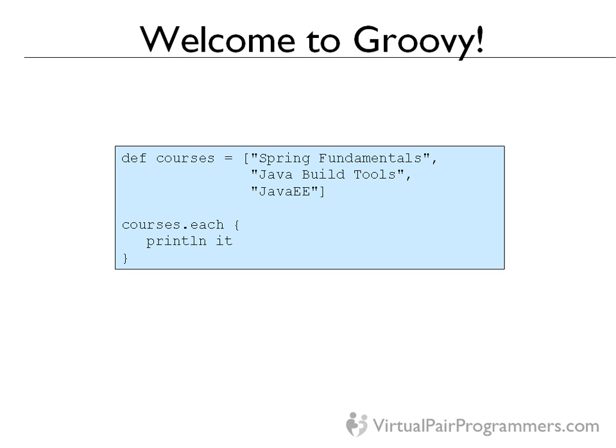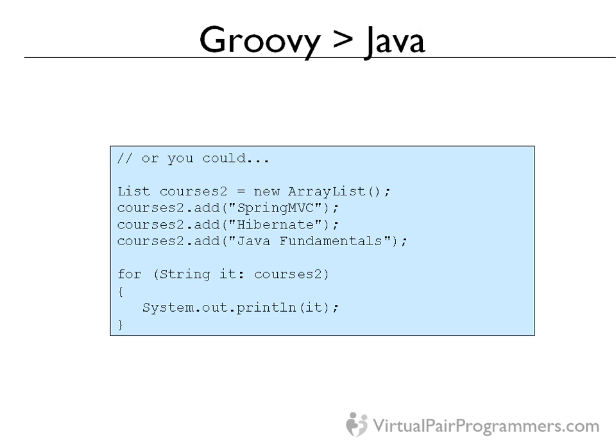Before I move on from this Groovy basics, I also want to mention that one of the perhaps surprising features of Groovy is that it's backwards compatible with Java. So if I'd wanted to, I'll just change the caption here, I could have written my Groovy code exactly like this. And of course, as a good Java programmer, you'll recognize that this is all valid Java syntax.